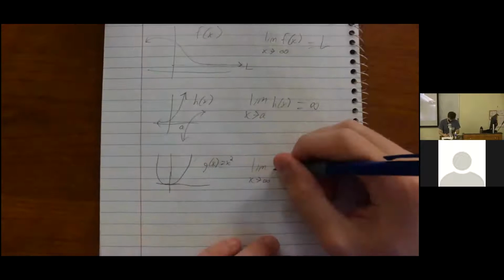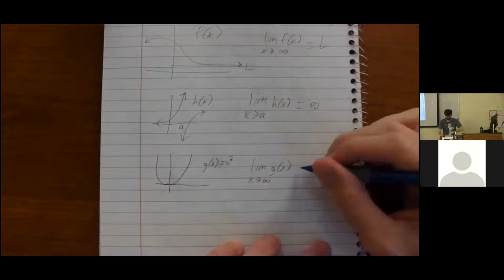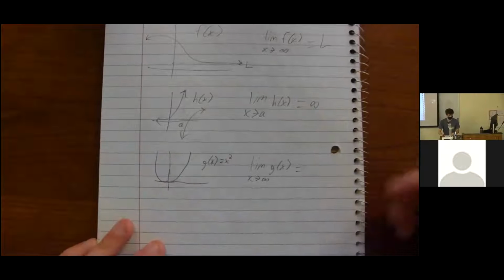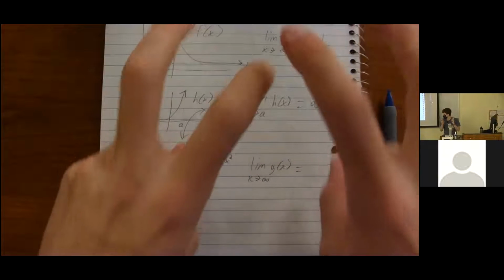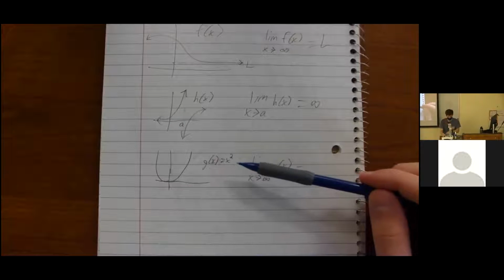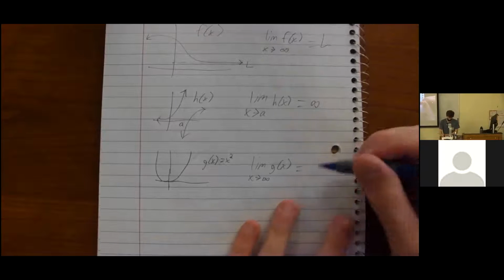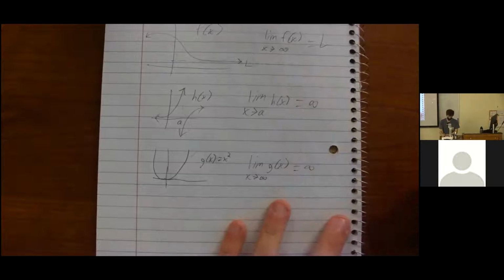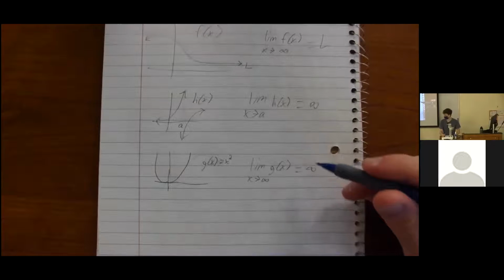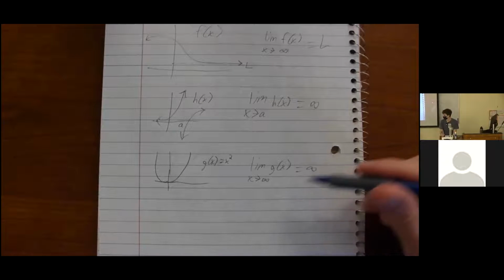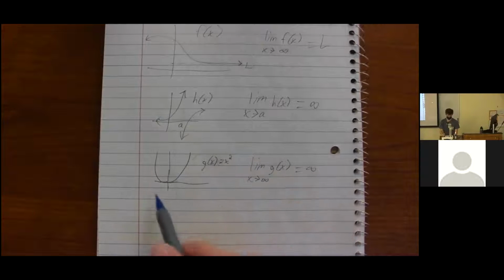To compute this, you're plugging in infinity for x. If you're getting a really big number, infinity, and you're squaring that, that's also going to be a really big number, infinity. So there's not really an asymptote or anything. The limit as x approaches infinity here is just going to be infinity.